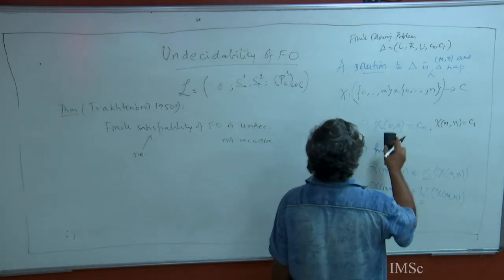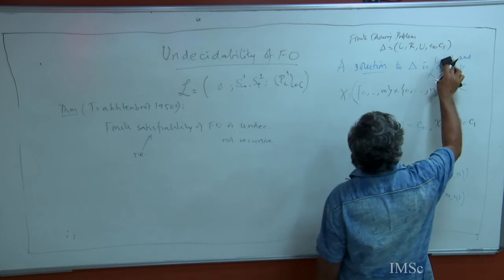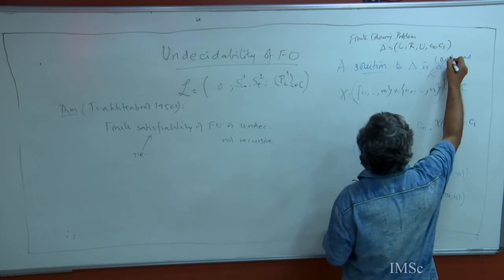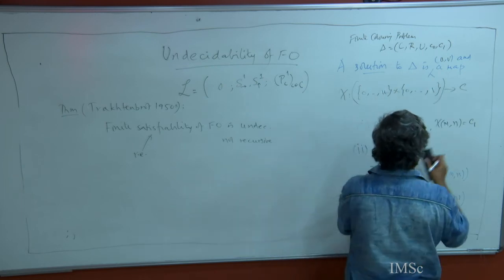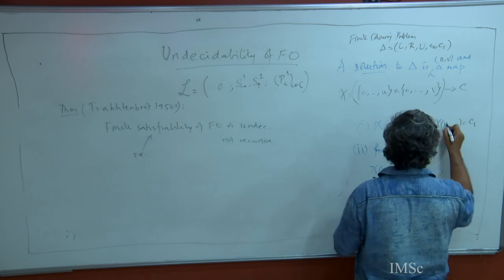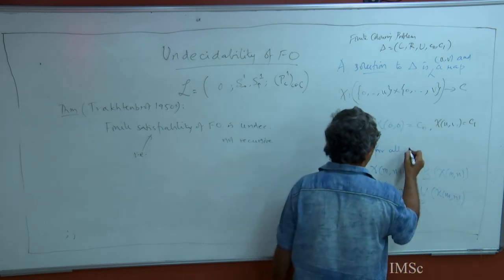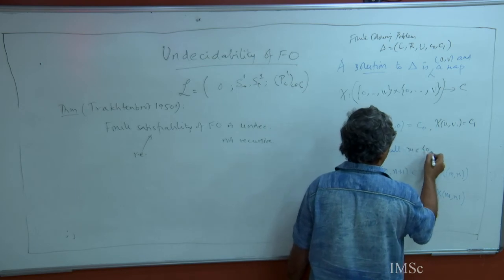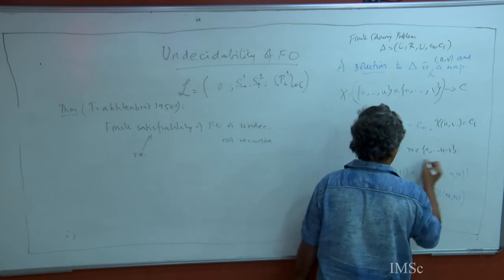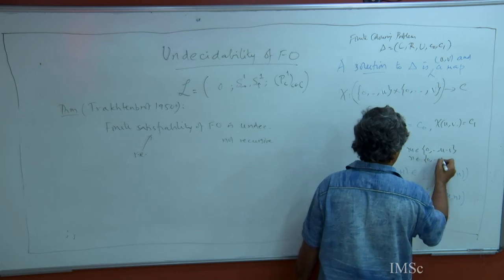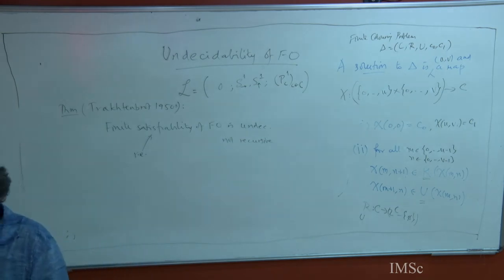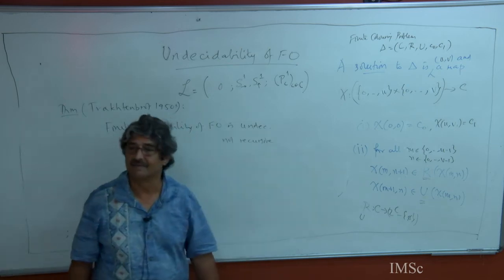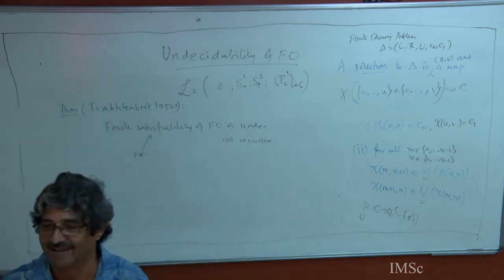I should have called it something else, u, v. For all m belonging to 0 to u minus 1, n belonging to 0 to v minus 1, exactly the same thing. I mean, it can't be much else.